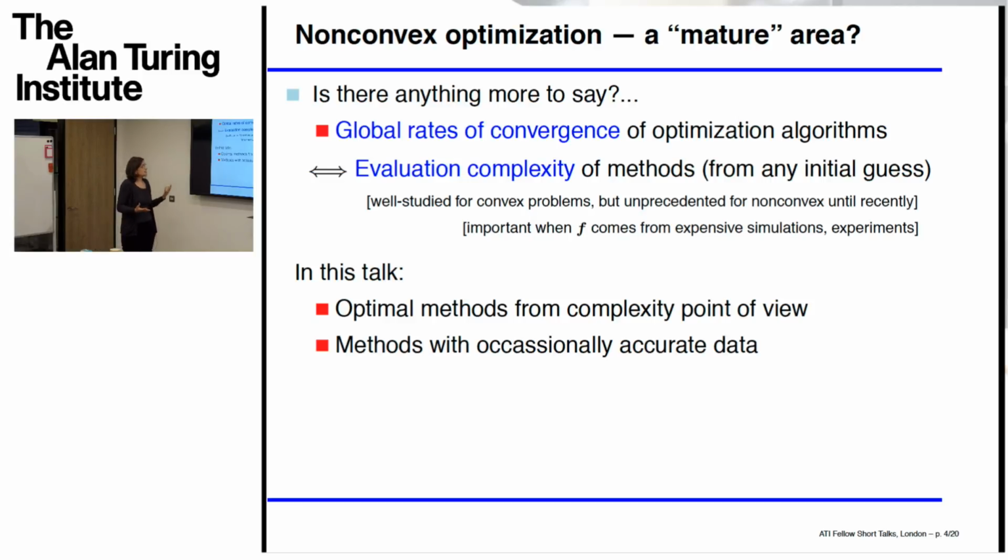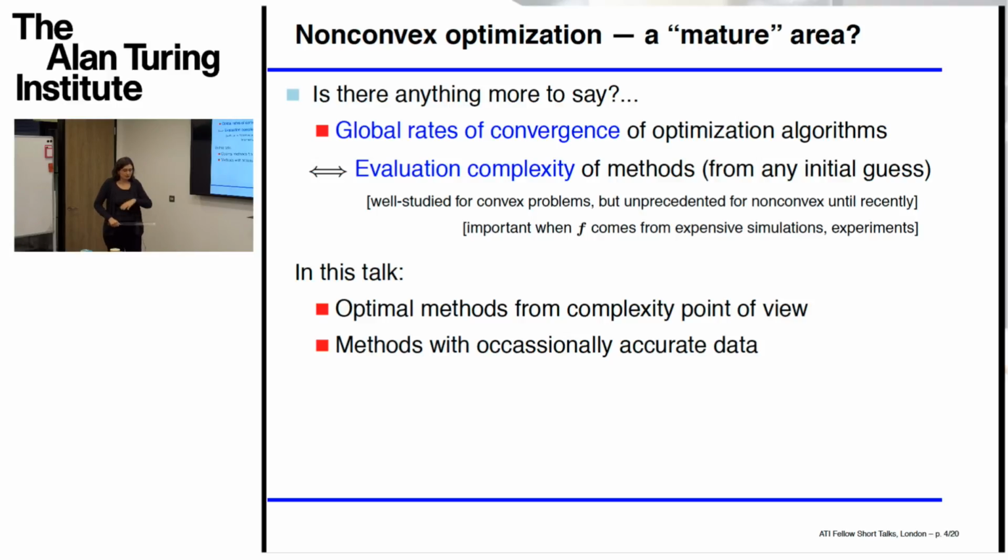This translates into how long will I have to wait for my computer to terminate and to get within some accuracy epsilon for my solution. In other words, I can rephrase this as, what's the complexity of my method? How many evaluations, how many calls to the black box do I need to make from any initial guess to get to the solution?